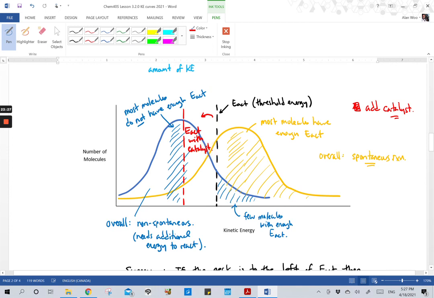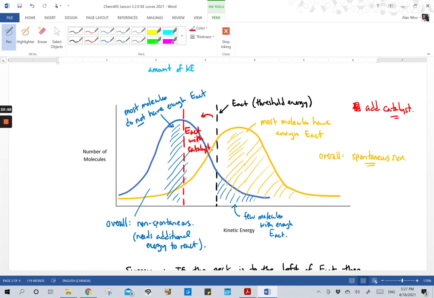So by pushing the activation energy to the left, we can see that this slow reaction, the one that was non-spontaneous before, might become a little bit more spontaneous, or at least it would react quicker. It actually has very little effect on the orangey-yellow curve because, again, it just means that more molecules have enough activation energy, so it still remains spontaneous.